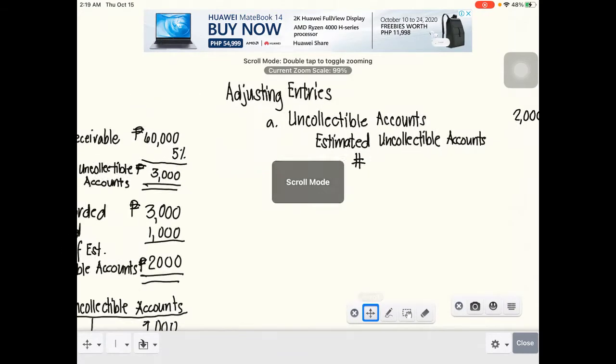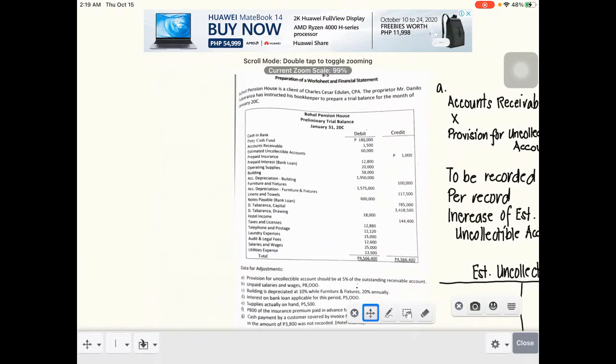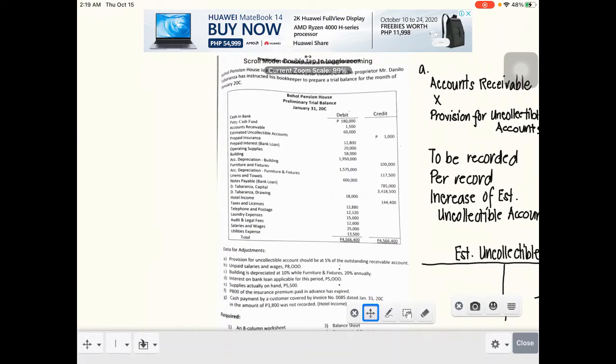entries. So number 2, let's go back to the problem. Unpaid salaries and wages. So what is this? Accrued expense. So salaries and wages, you have not yet recorded unpaid.